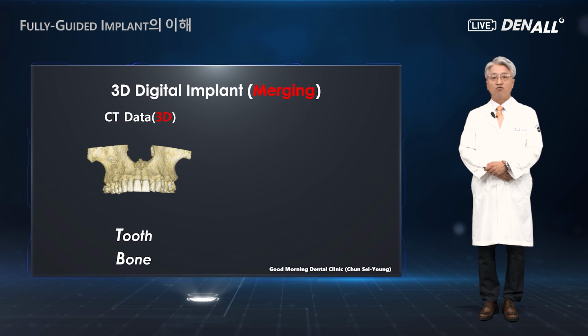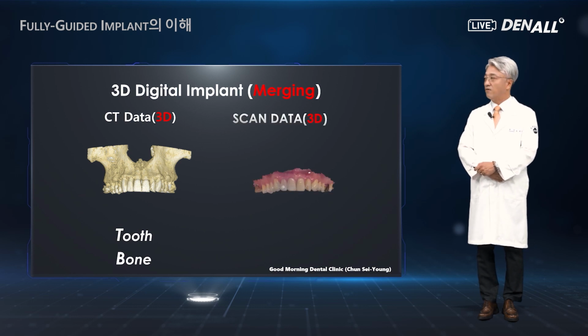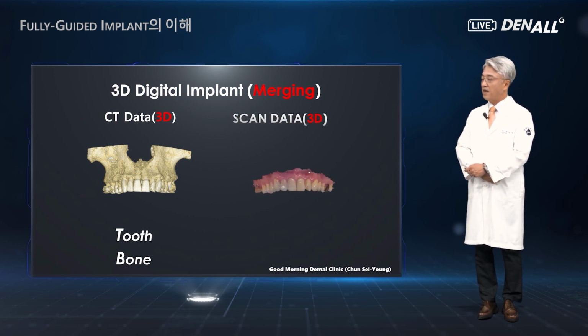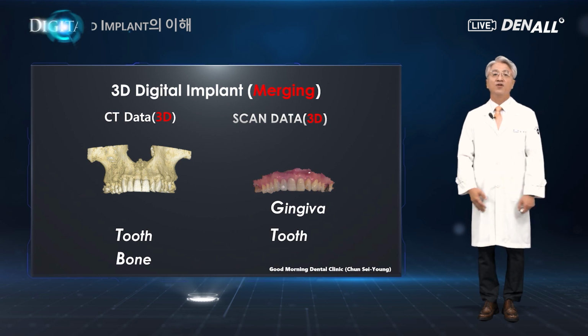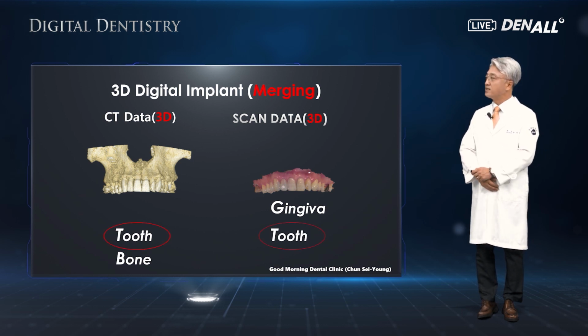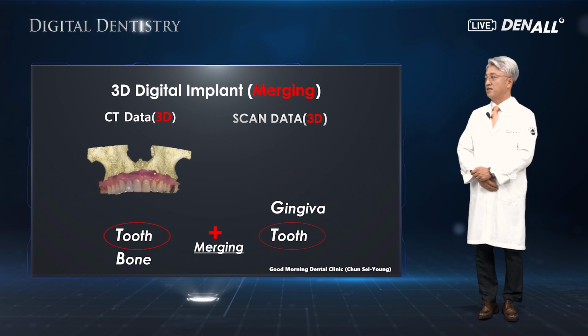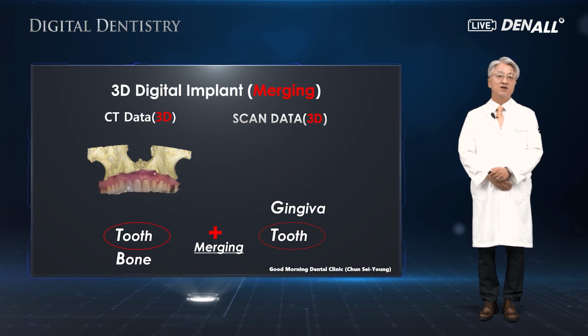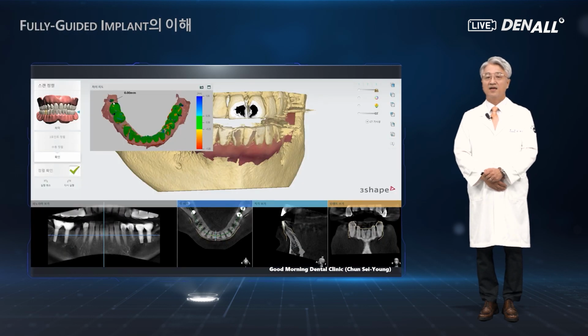CT data, which is 3D data, and oral scan data are utilized, and the two data are merged together. The common factor between those two are the teeth, so the teeth are the landmarks to merge the two data sets.